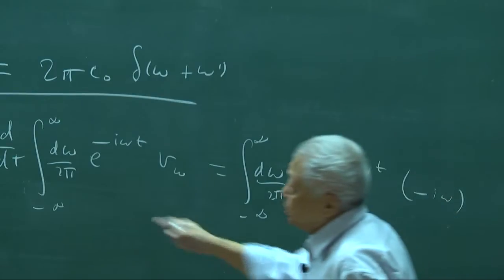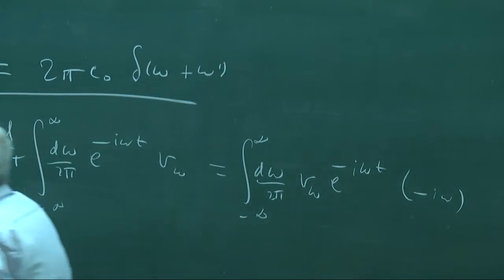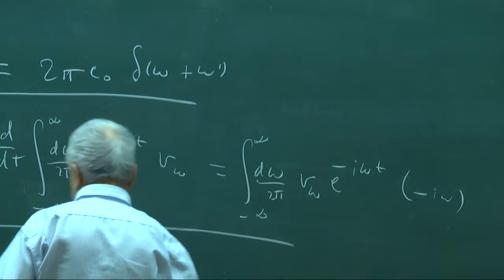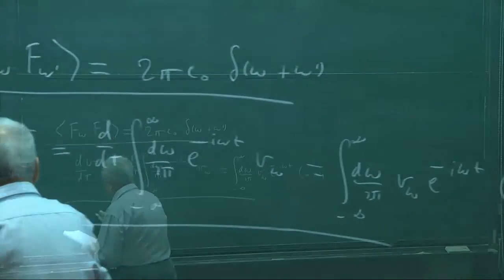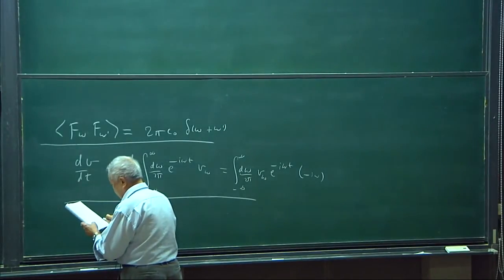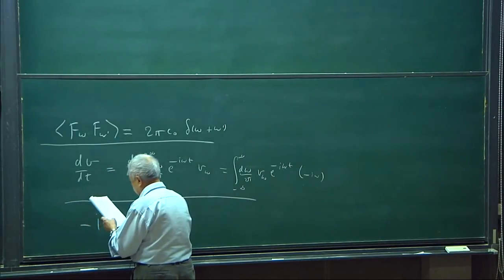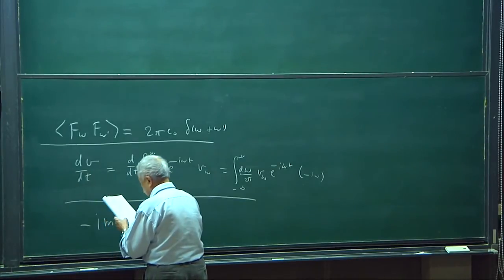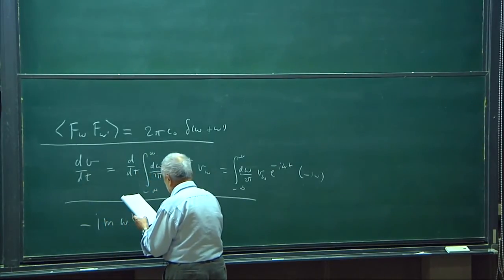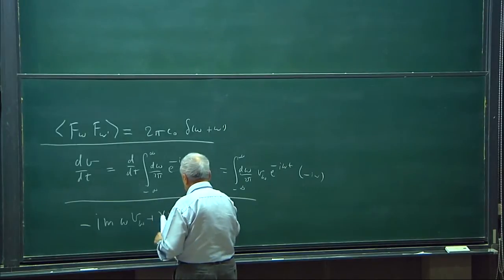And if you use this throughout the terms, the Langevin equation becomes minus i m omega v of omega plus gamma v of omega is equal to f of omega.